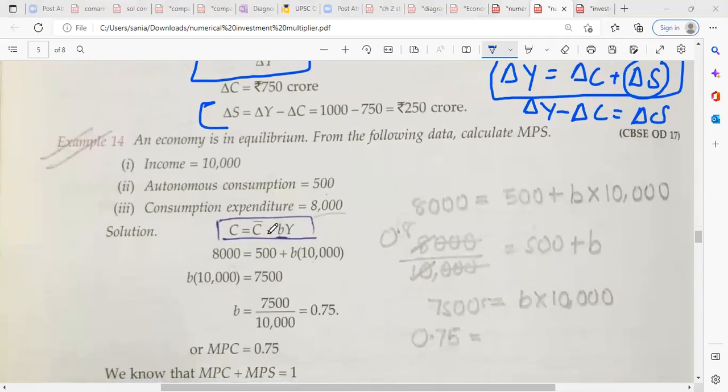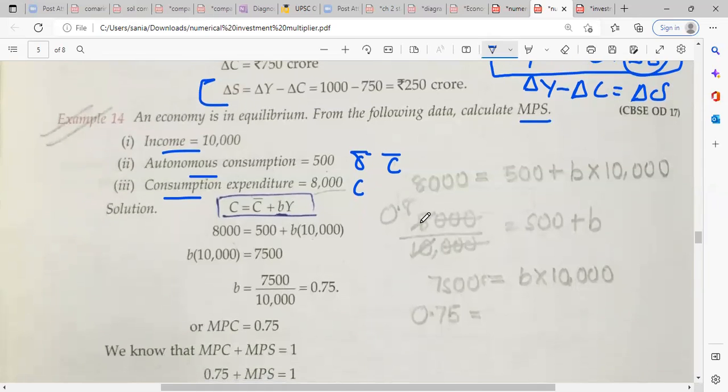I'll just tell you what you have to do over here. See, an economy is in equilibrium. Over here, you have to find MPS, not an issue. Income is given, autonomous consumption is given, but autonomous consumption expenditure is given. That means C is also given and C bar is also given.